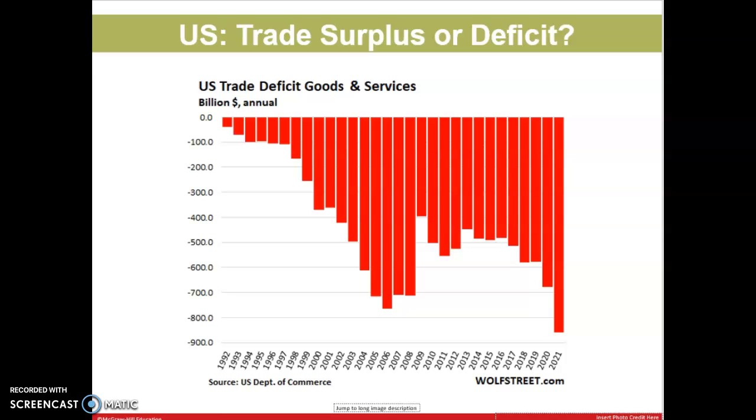So in reality, we were at a slight trade surplus for a long time, and then around 1992, that changed to a trade deficit, and that trade deficit grew considerably over the next 10, 20 years.